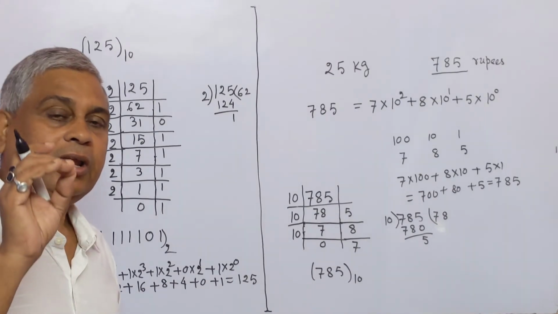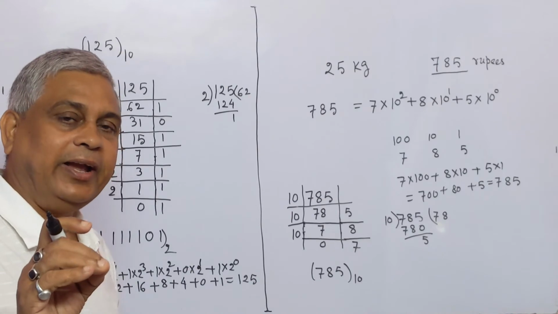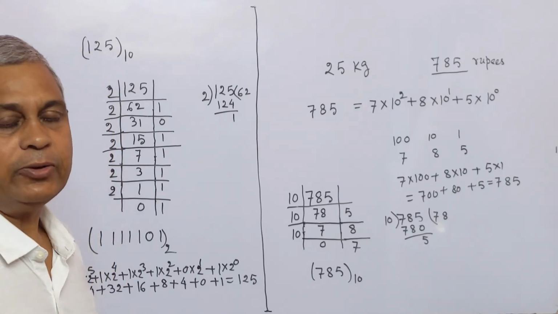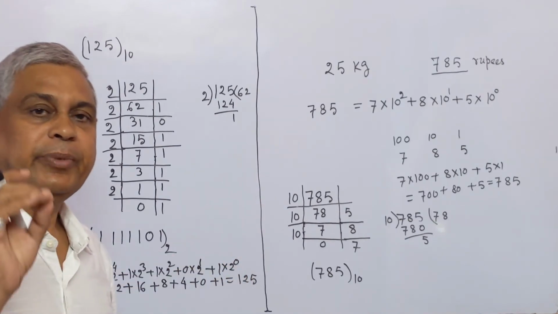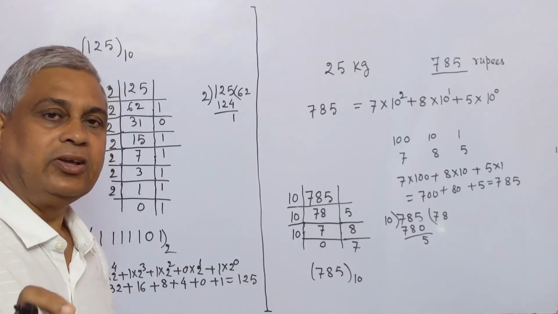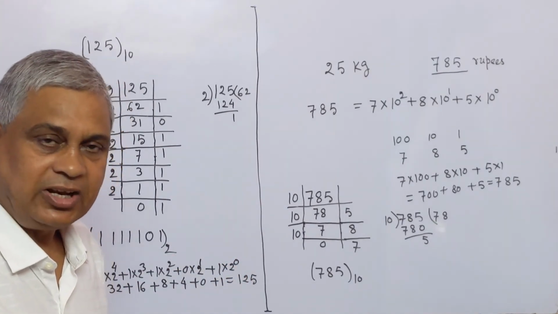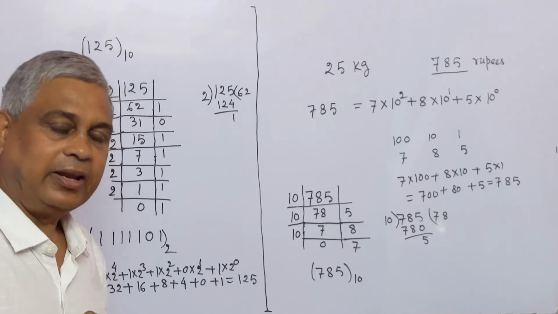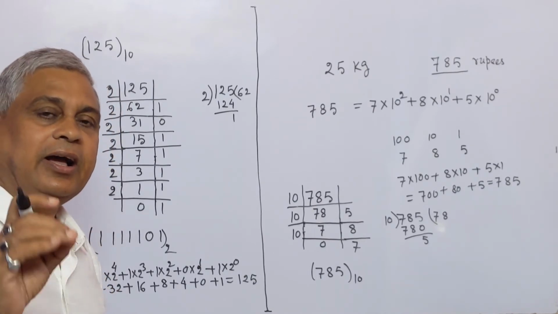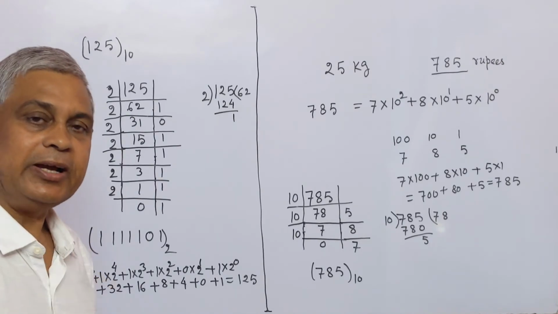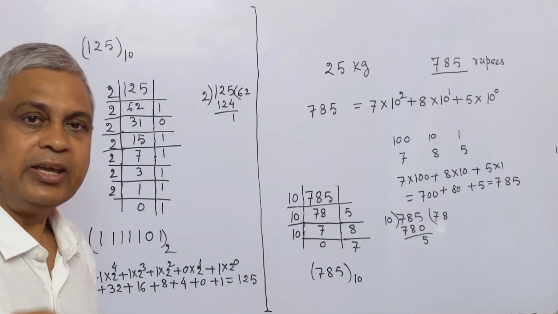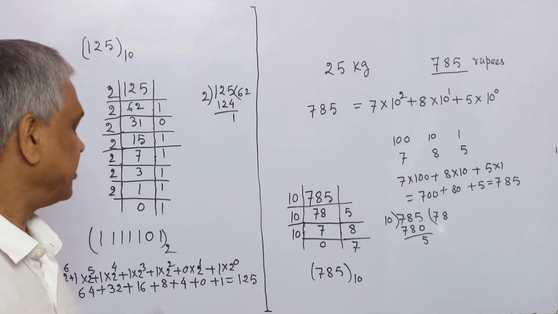Now, we will try to find a shortcut method by which a number in decimal system may be converted in binary system easily in a few moments, and a number in binary system may be converted in decimal system in a few seconds.